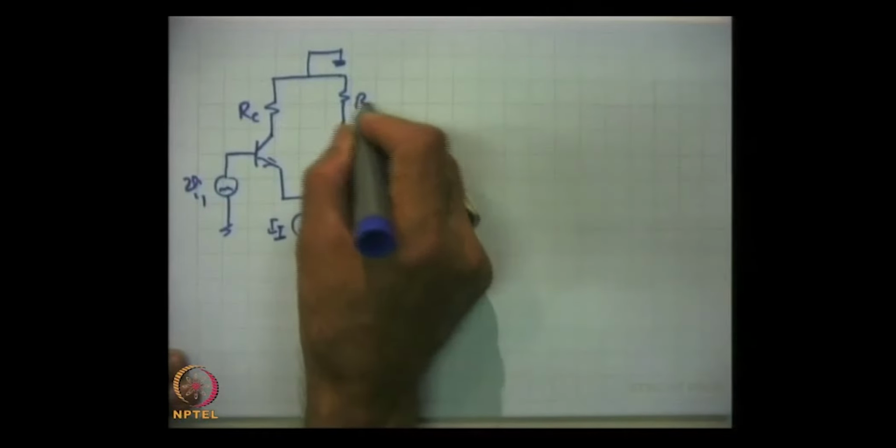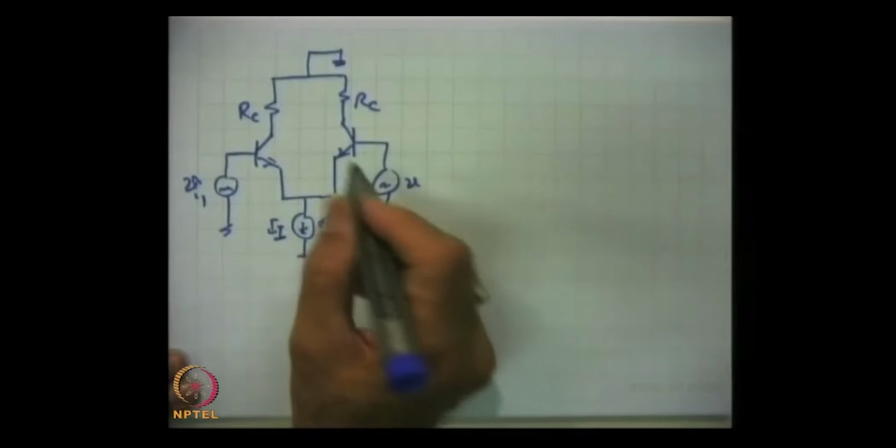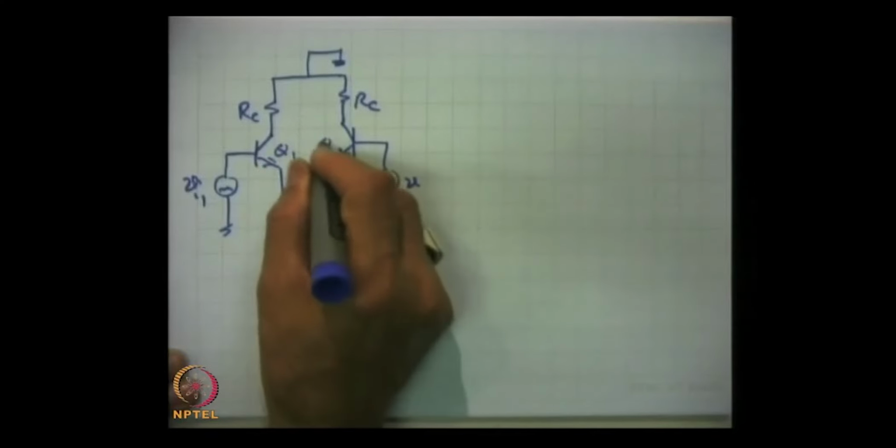These are the sources Vi1, this is RC, this is RC, and this is Q1, Q2.